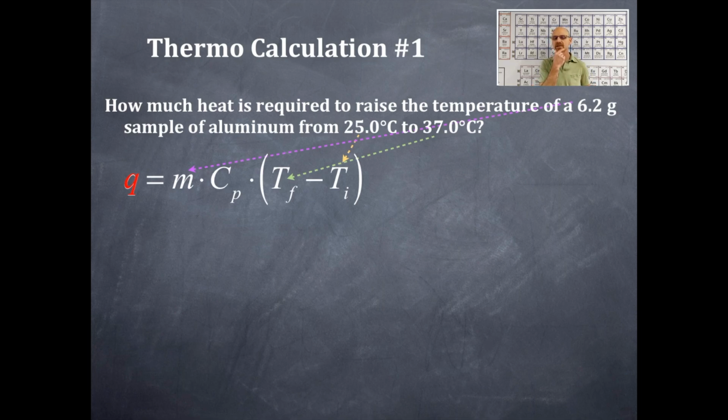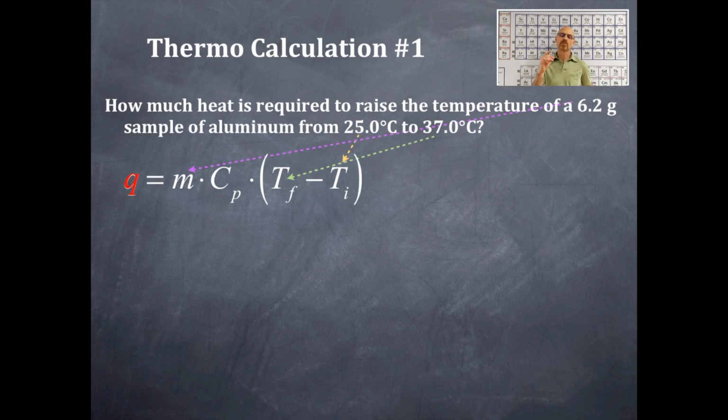Now, the next thing is, what's the specific heat capacity? You need to watch one of my previous videos on units of energy in this same unit of thermochemistry. When I talked about specific heat capacities, the C_p is the specific heat capacity. That is the amount of heat required to raise 1 gram of any substance, in this case aluminum, by 1 degree Celsius.